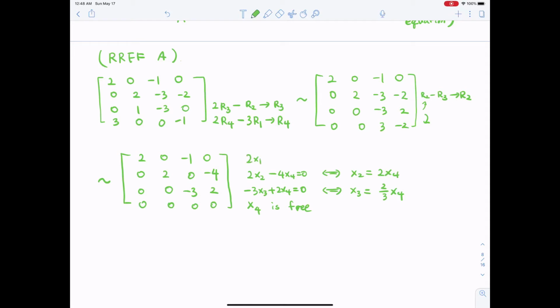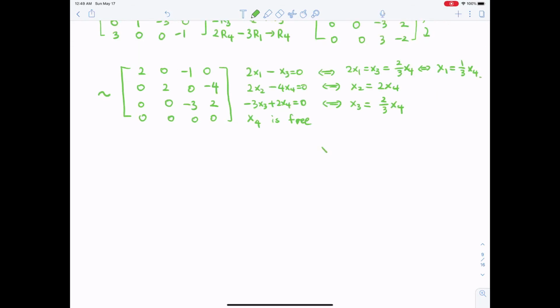And 2x1 minus x3 equals 0, so 2x1 equals x3, but x3 equals 2/3 x4, so x1 equals 1/3 times x4. We can write the solution as (1/3 x4, 2x4, 2/3 x4, x4), which is the same as x4 times (1/3, 2, 2/3, 1).